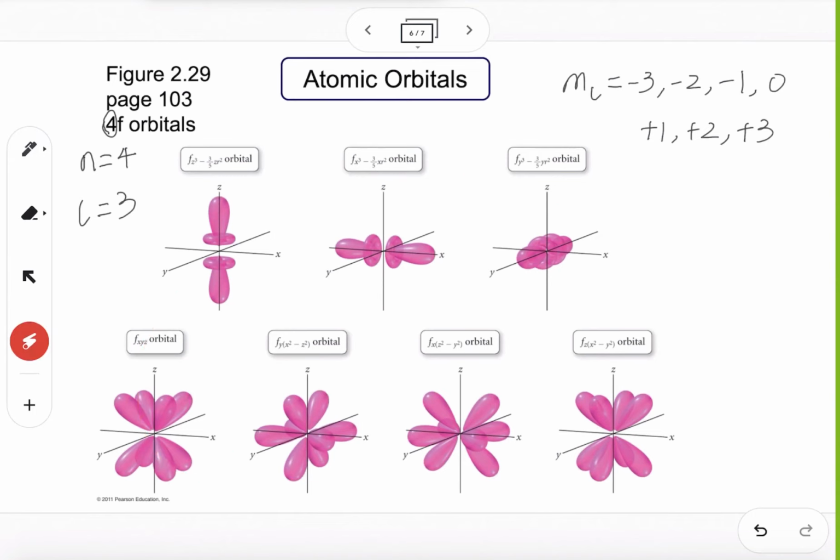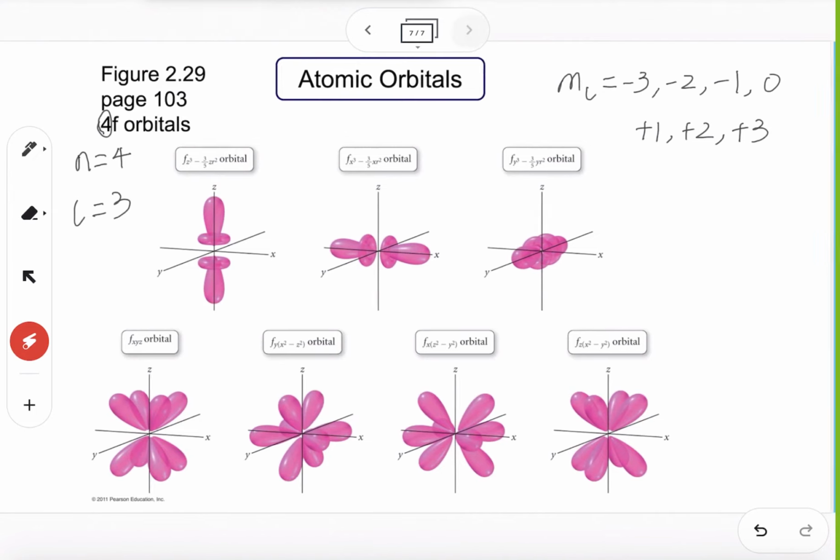You can see that they have different shape, different orientation, and different lobes. Those f orbitals are not required. I don't need you to remember how they look. But for the s orbital, p orbitals, and d orbitals, the orientation and the shape are required.